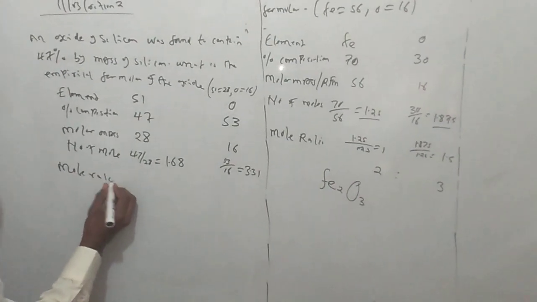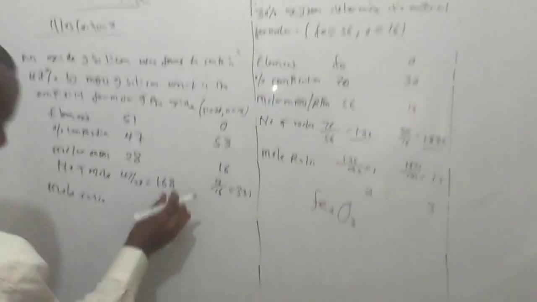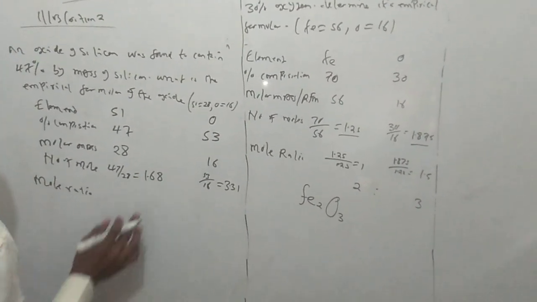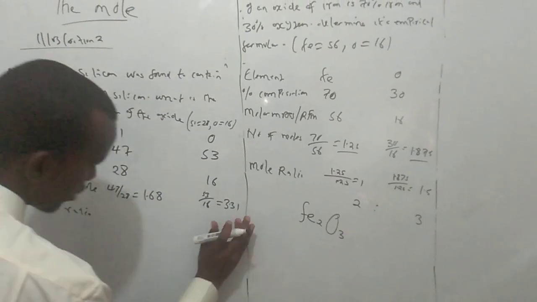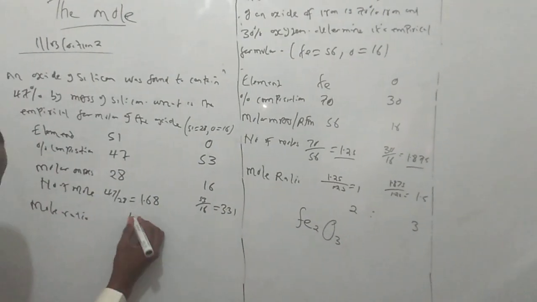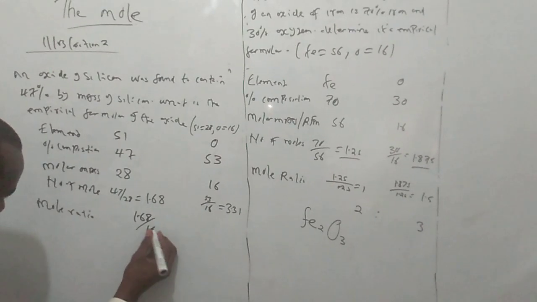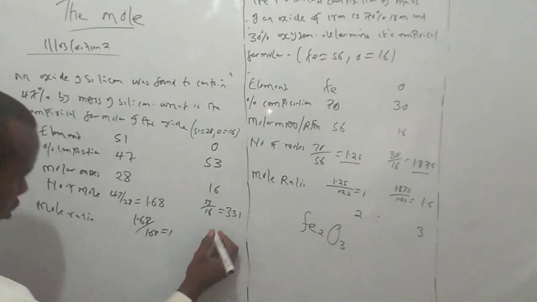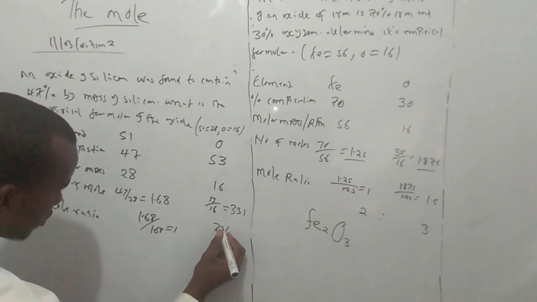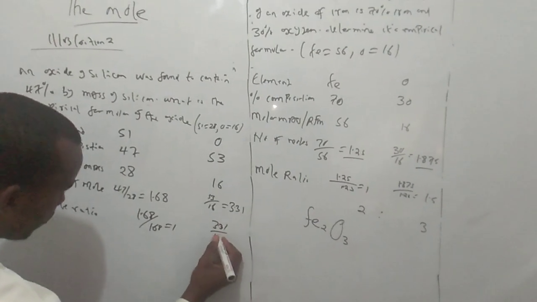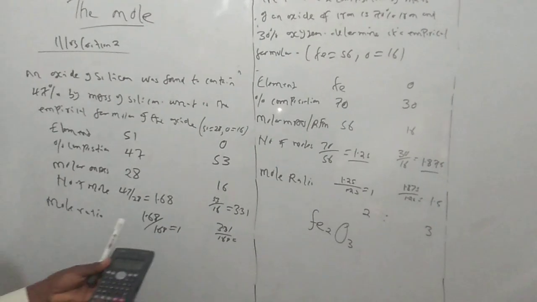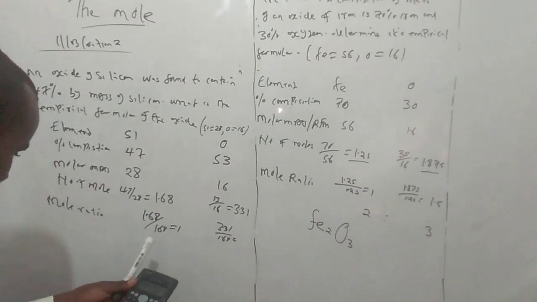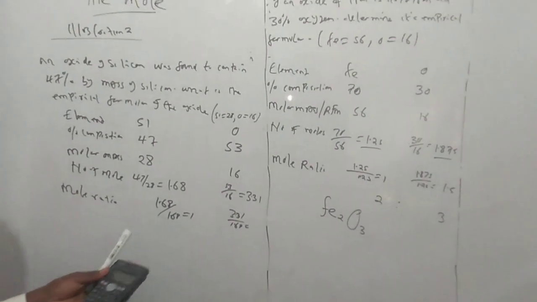Mole ratio: we divide by the smallest. Between 1.68 and 3.31, 1.68 is the smallest. So we divide by 1.68. That means 1.68 over 1.68, which gives 1, and 3.31 over 1.68. 3.31 divided by 1.68 gives you 1.9.